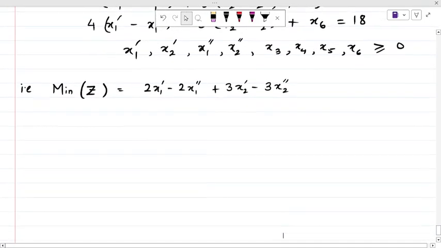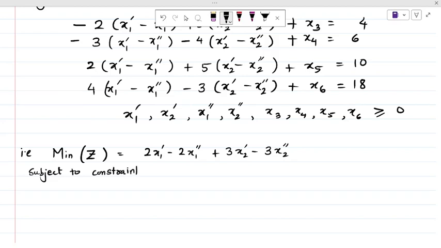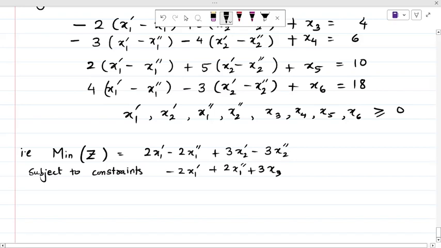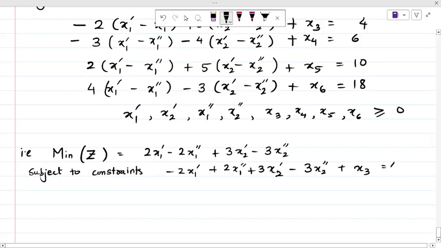Okay, and then here we will just write subject to constraints: -2x1' + 2x1'' + 3x2' - 3x2'' + x3 = 4.